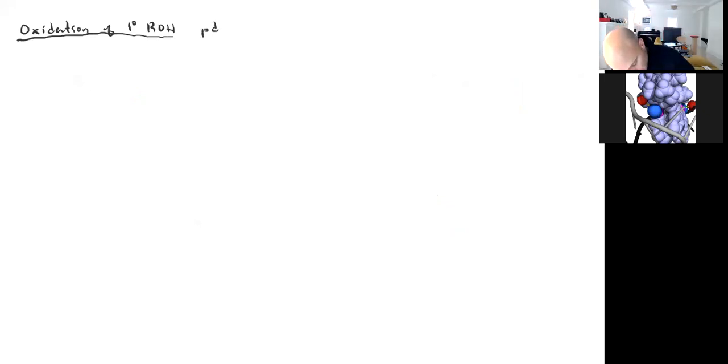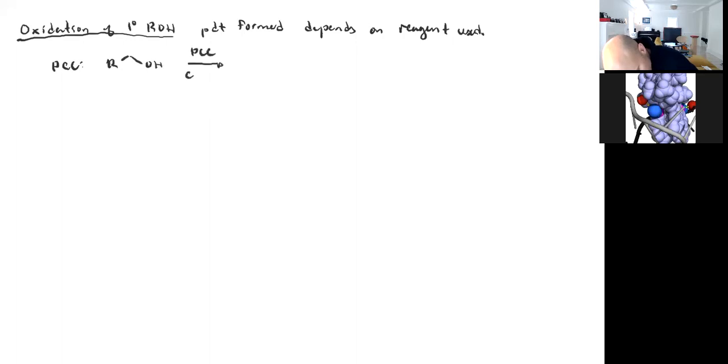So if you were to do a PCC oxidation on a primary alcohol, the product that you get out is what you might expect based on what we just discussed. And so you get a single oxidation, you form a carbonyl.